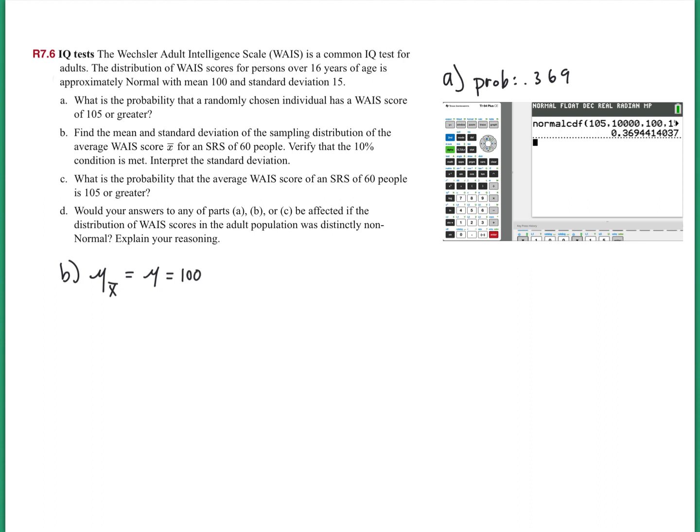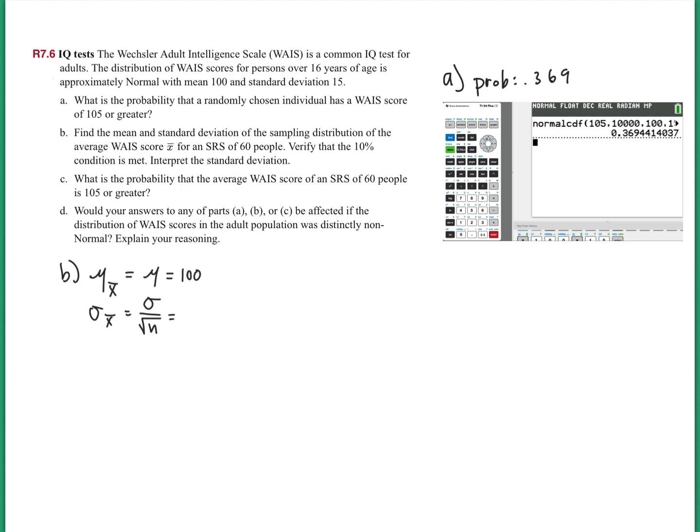Okay, and then the standard deviation of this sampling distribution for means. So this is means now, not proportions. When you're dealing with proportions, you'll do the square root of p times 1 minus p over n. But for this, we'll take the population standard deviation and divide it by the square root of n.